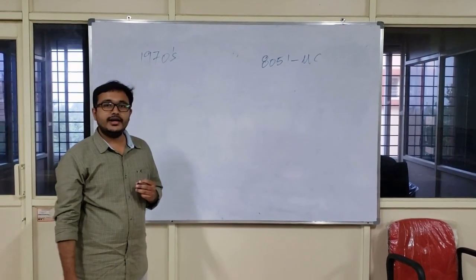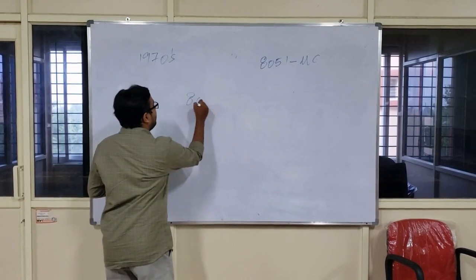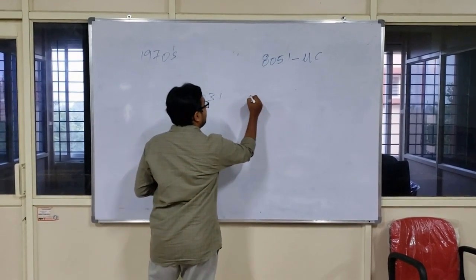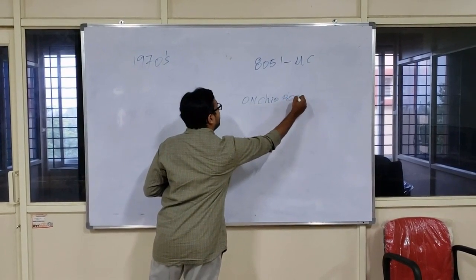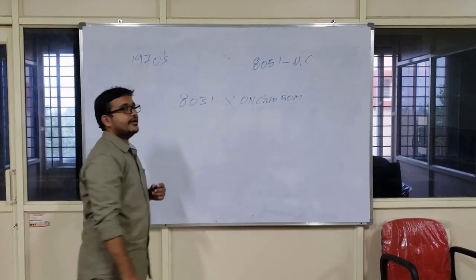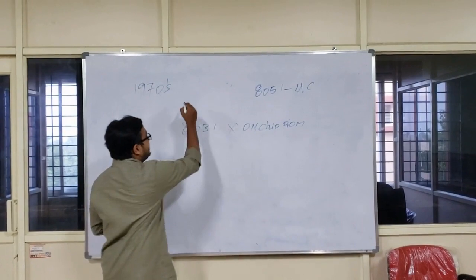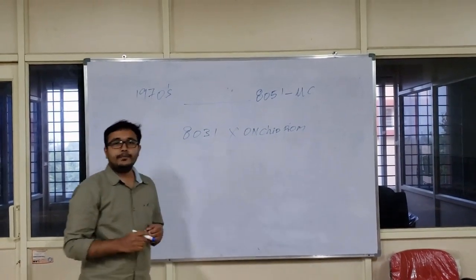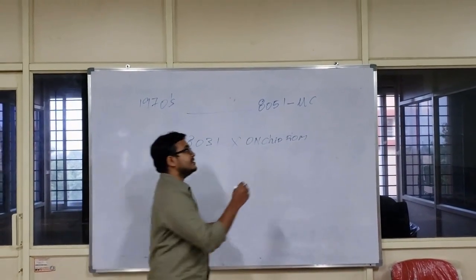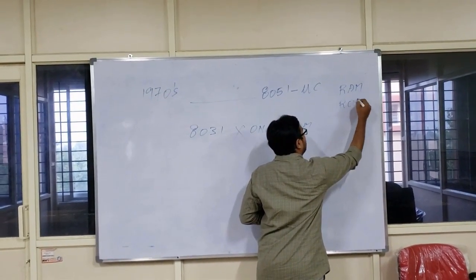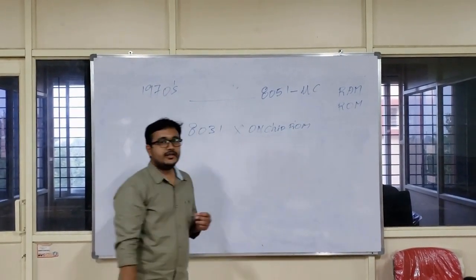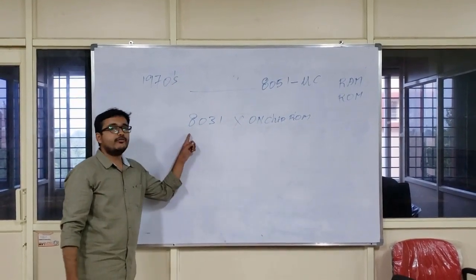Previously we had the 8031 microcontroller, but it had no on-chip ROM. Due to this drawback, Intel introduced one more microcontroller, the 8051, which is equipped with on-chip memory, that is, both on-chip RAM as well as on-chip ROM. This is the specialty why we are using the 8051 instead of the 8031.